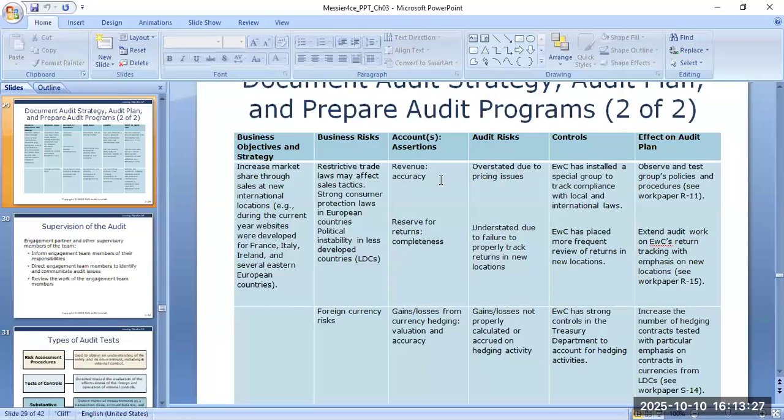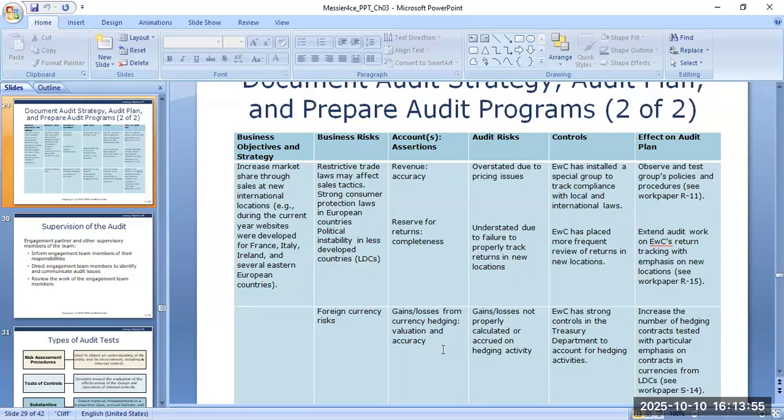Audit assertions. Now we're going to the audit assertions. So remember, on the audit assertions, we're going to have assertions for the transactions and events, and the assertions under the financial statements or accounts and disclosures. Revenue, accuracy, reserve and returns, completeness, gains and losses from the currency hedging.